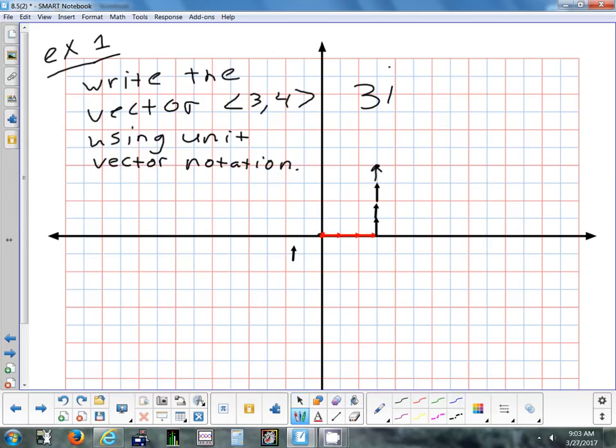So there's our 4j. And what is the operation between the i's and j's? What did I just do with them? I added them. And that's it. That's the notation for writing a vector using what's called unit vector notation. It's just 3i plus 4j.